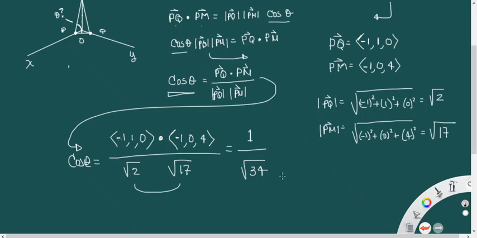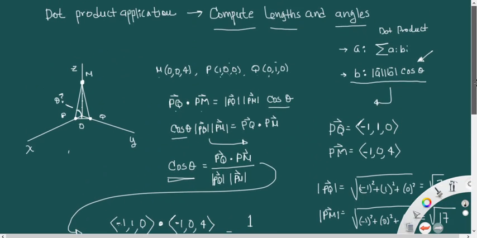So this is the cosine of theta of the angle that we are working with here in this triangle. Okay, I'm doing this step by step because you're going to do a lot of exercises in the future in the same way. So please take note.